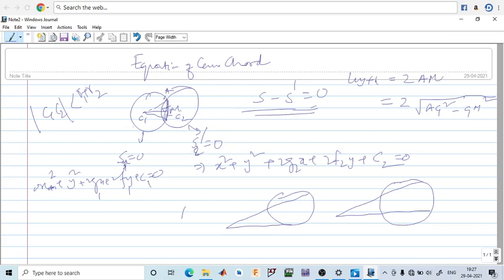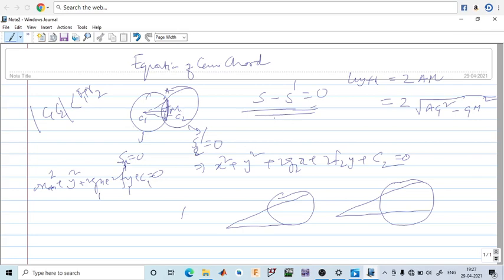So when two secants intersect externally, we will see that each secant has to pass through two points of the circle.